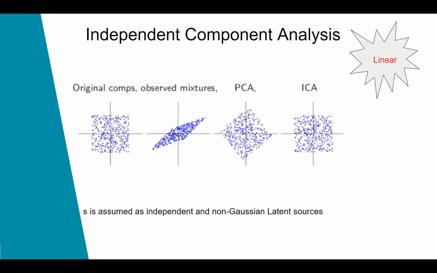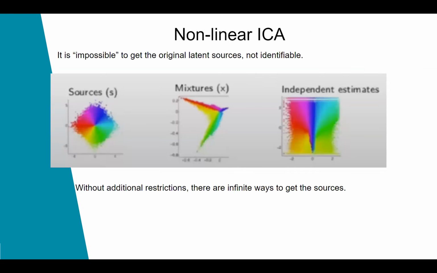The paper we're going to talk about is about nonlinear ICA. From what I learned, since it's nonlinear, we can have infinitely many possible ways to combine the sources and get the mixture, like the middle one.